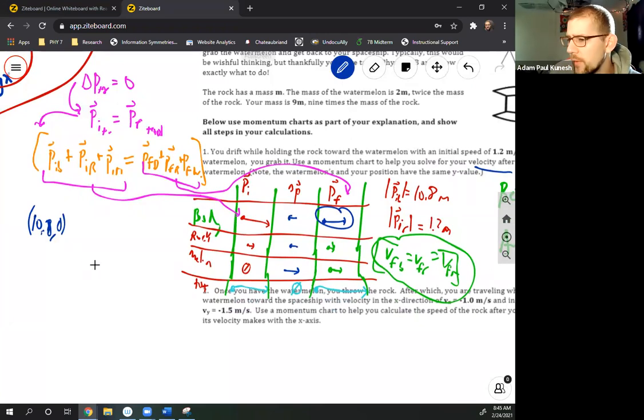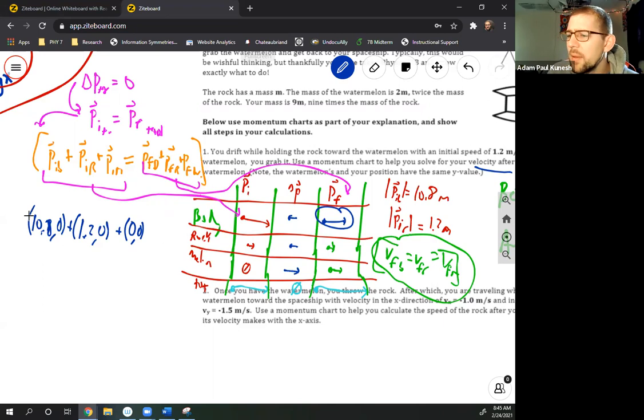I'm dropping units here for a moment. Plus the initial momentum of the rock, which is going to be 1.2, 0. This is just 9 times smaller than me. Plus the momentum of the melon, which is 0. And that's going to equal whatever my right-hand side is.